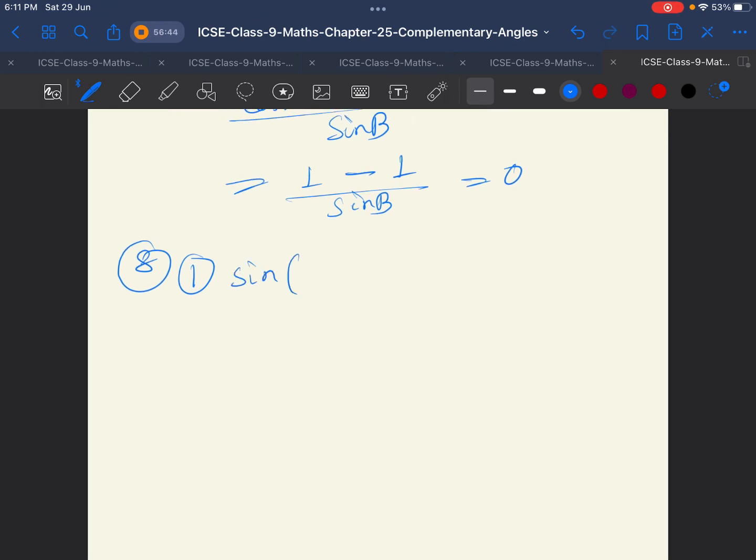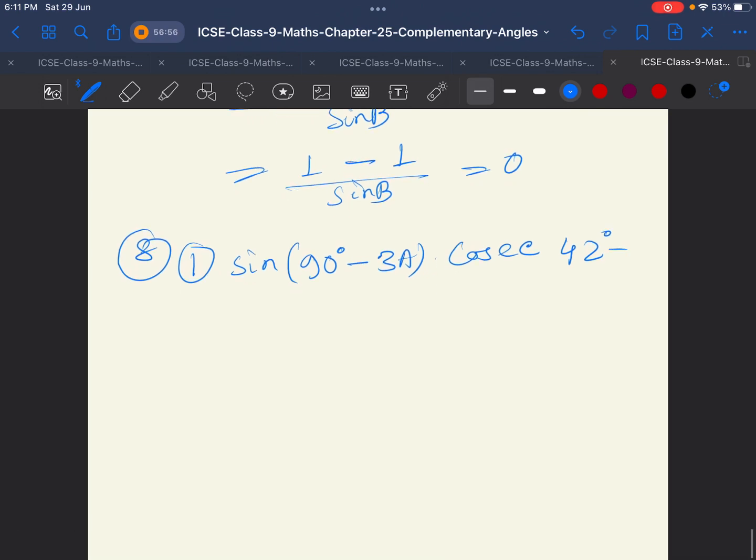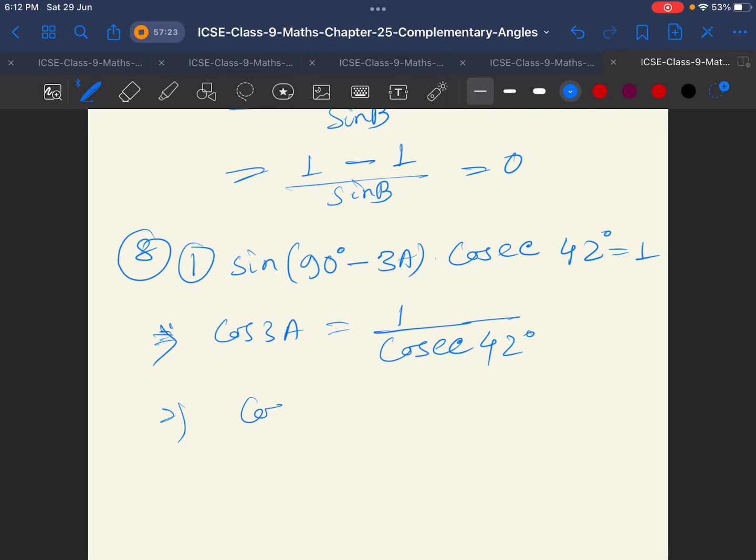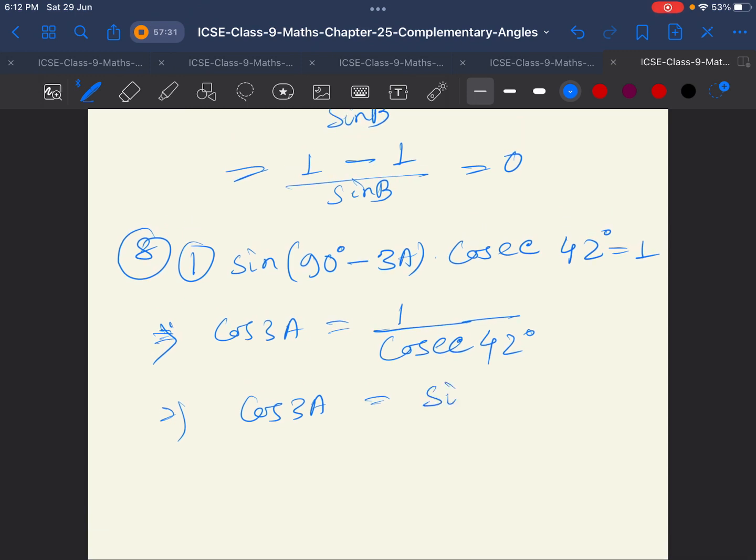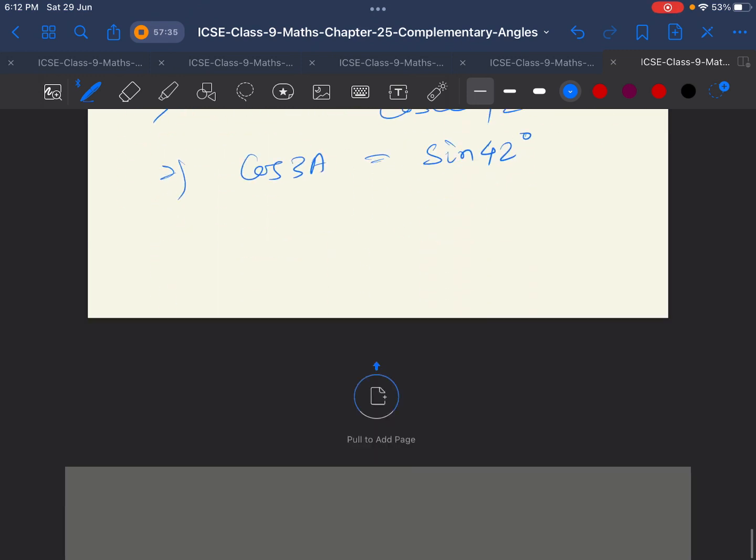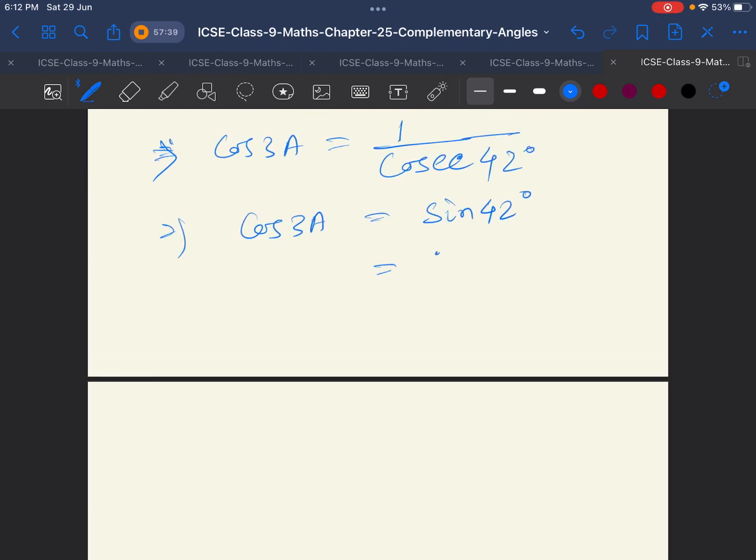First question: sine of 90 minus 3A into cosec of 42 degree equals 1.